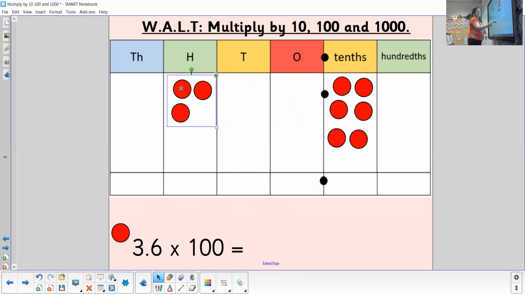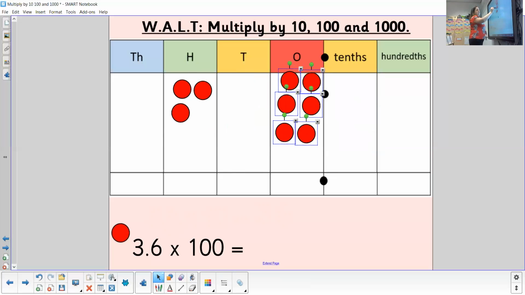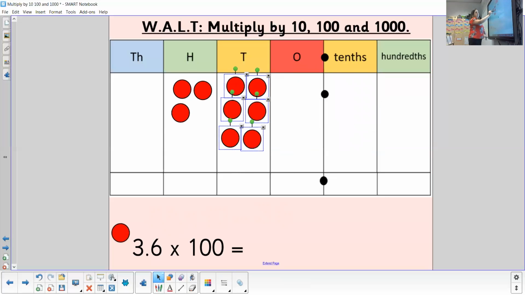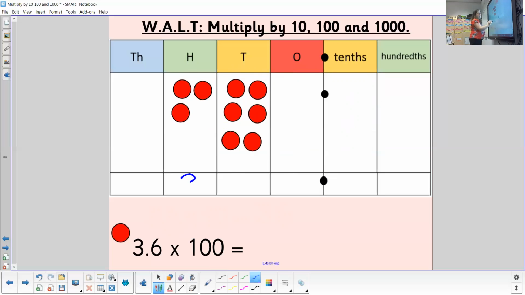Then I'm going to get my 0.6 and I'm going to move that 1, 2 columns. So now I've got 3 hundreds, I've got 6 tens, and I've got nothing in these. However, I do need something in my ones column or my units column. Can't ever have that blank, so I'm going to put 0 in there.